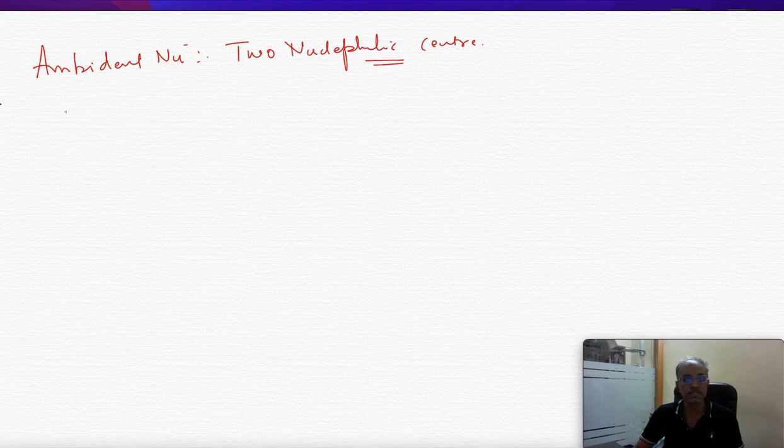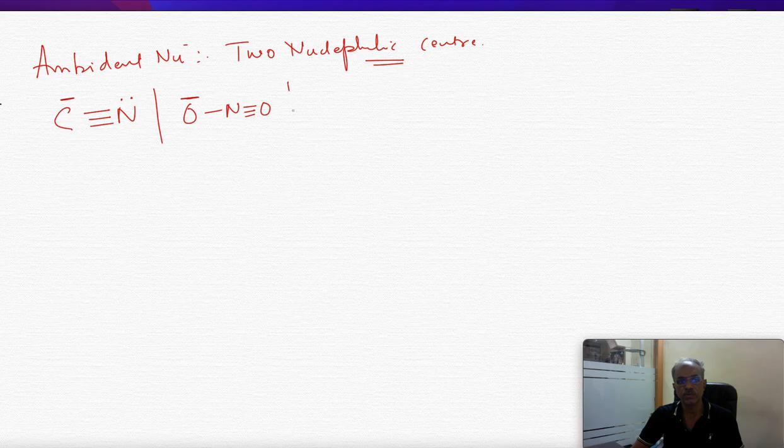Take for example C triple bond N. This is rich in electrons and this is minus. That means this has two nucleophilic centers, right? C triple bond N, then O dash N, O, nitro and isonitro, with a minus charge, right?